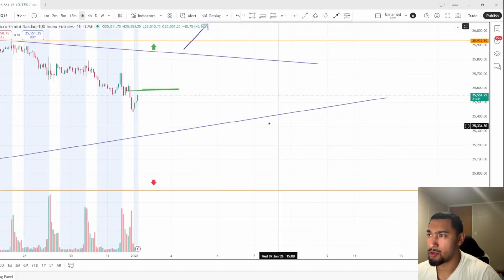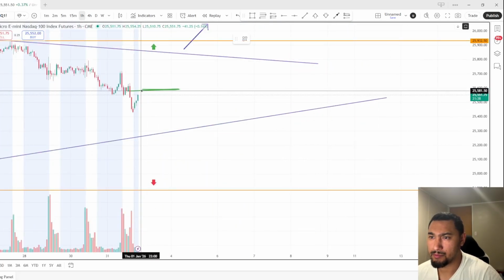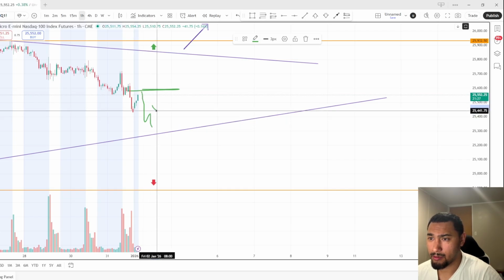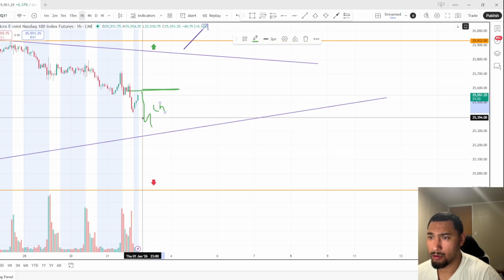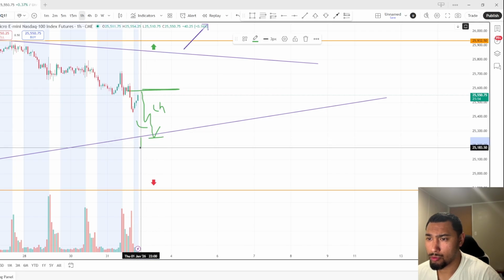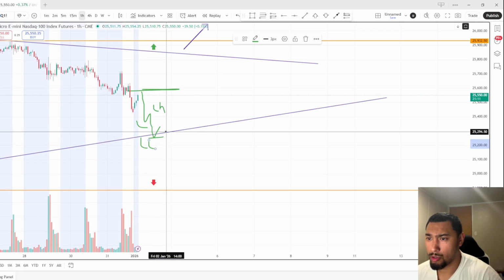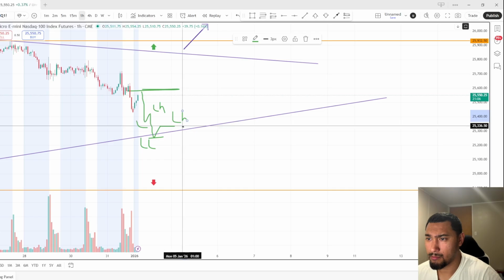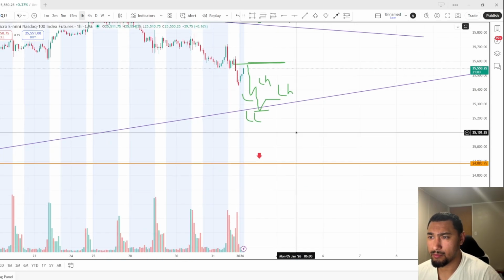Let's say this is how the market moves. The market starts moving downward, right? Boom, we create a low, and then a lower high, right? Okay, let me get my drawing skills back right. A lower high. All right, we got a low here, and then we create another lower low, and then a lower high, right?